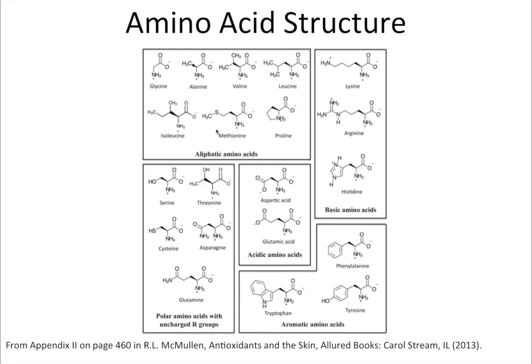You can also have amino acids that have polar groups. So you have polar amino acids with uncharged R groups. In this group, you can see that you have, for example, mostly the hydroxyl group. You can also see that you'll have a sulfhydryl group. Sulfhydryl.